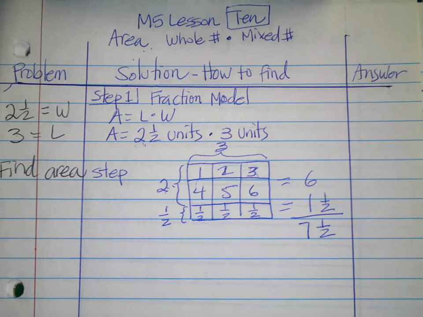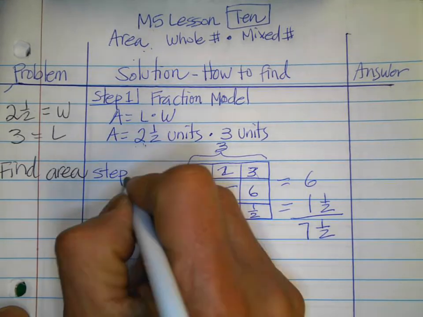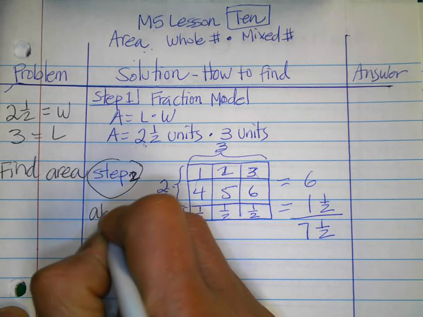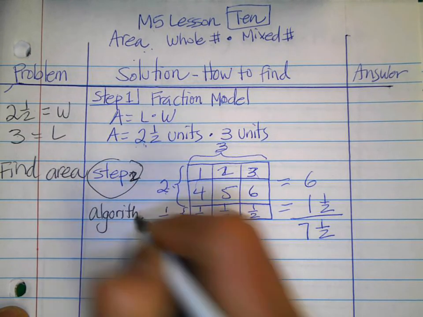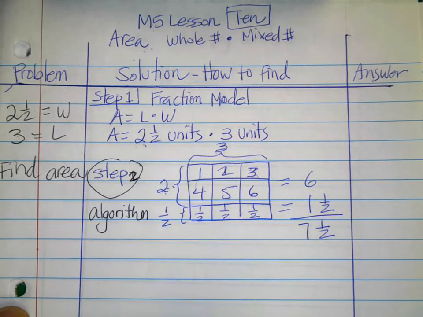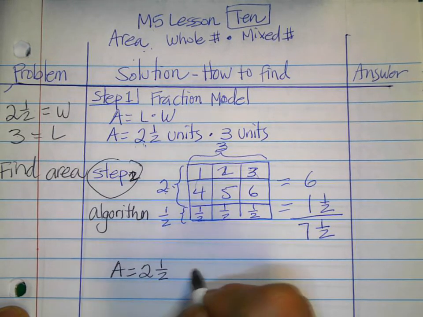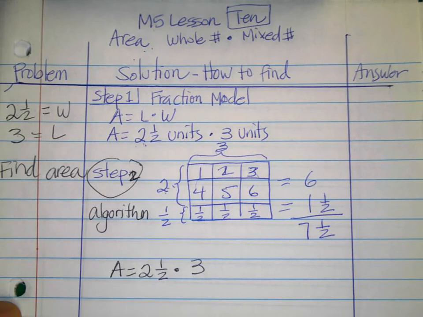Okay. Now let's make sure we're doing the algorithm. So this is going to be step number 2, the algorithm. Let's do that. Again, area equals 2 1/2 times 3.